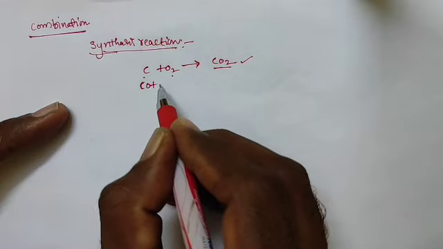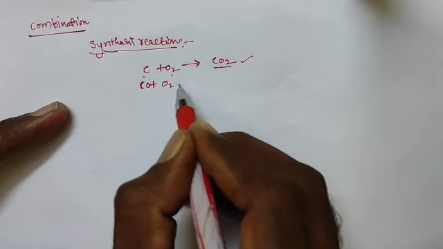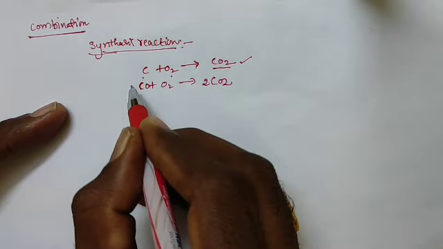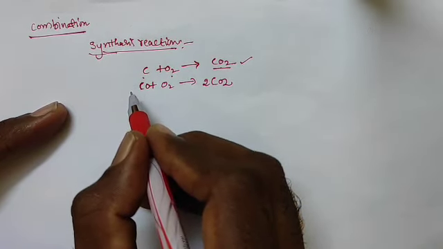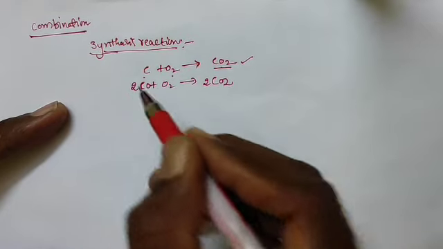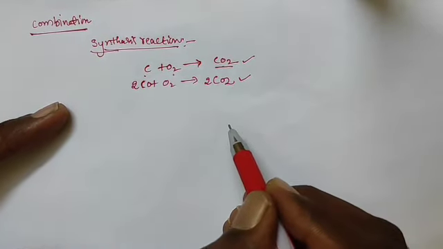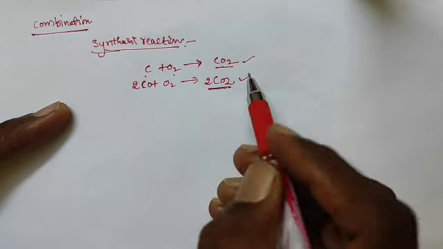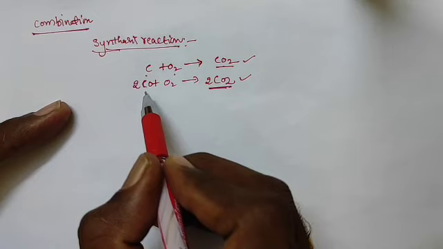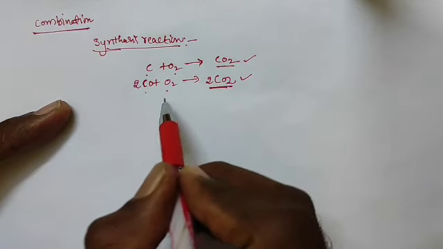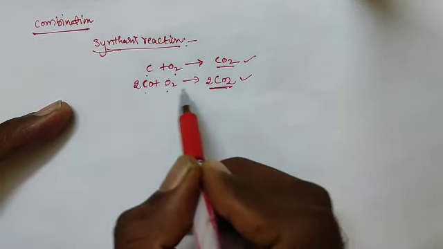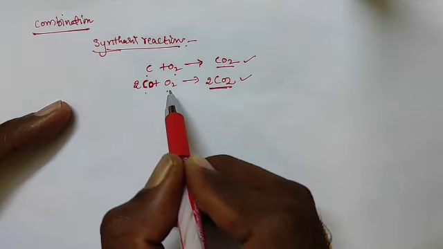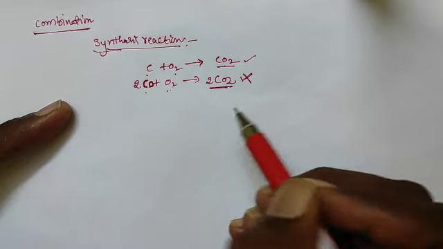Now one more example: CO plus O2 gives CO2, with 2 CO and 2 CO2 to balance. Here we are preparing CO2 gas, but where does the CO2 come from? Not from carbon and oxygen, but from carbon monoxide and oxygen. So this is not a synthesis reaction.